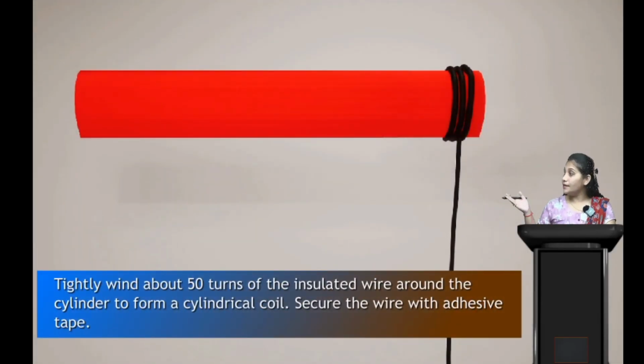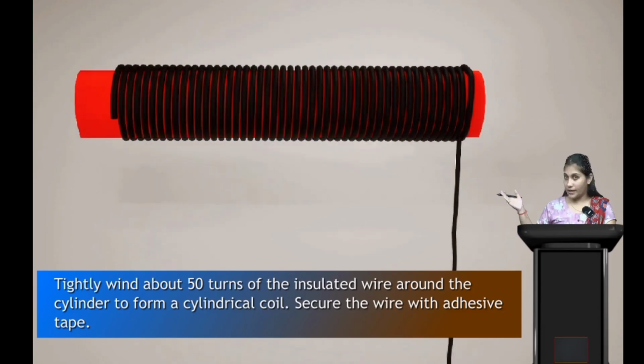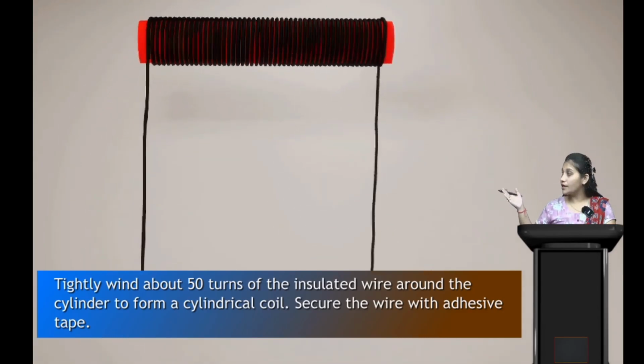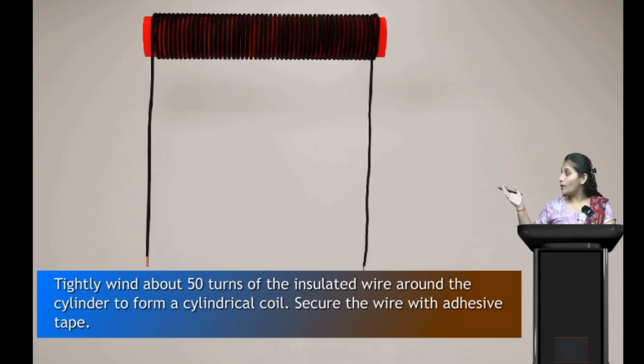Then comes: tightly wind about 50 turns of the insulated wire around the cylinder to form a cylindrical coil. Secure the wire with adhesive tape. Now it is said that we have one chart paper and the insulated wire. Then tightly wind this insulated wire about 50 turns.